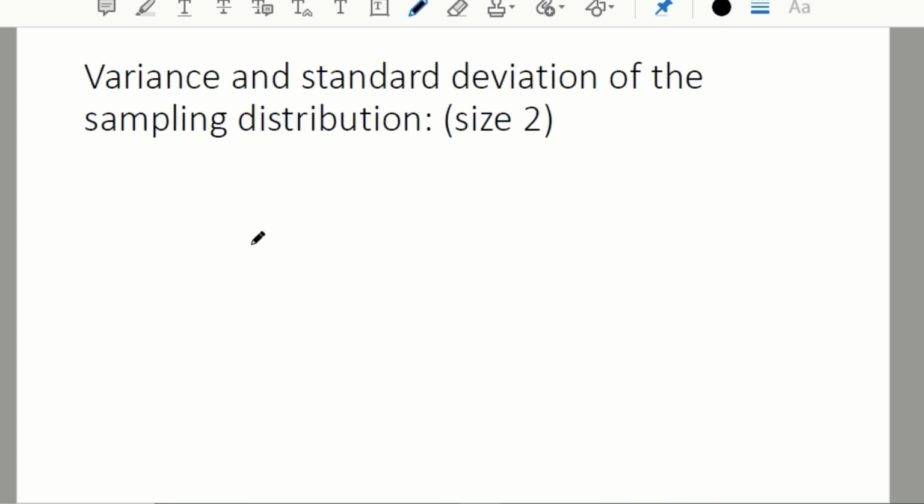Next, the variance and the standard deviation of the sampling distribution, and take note we're given size 2. The formula for this one is just the population variance over the size. So the population variance is 6 divided by the size, 2.